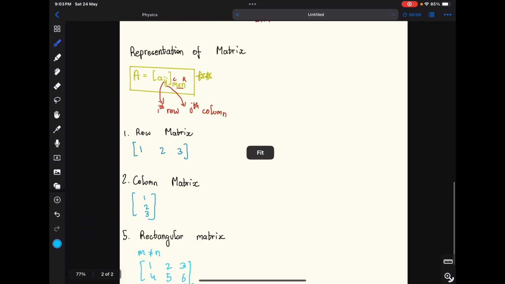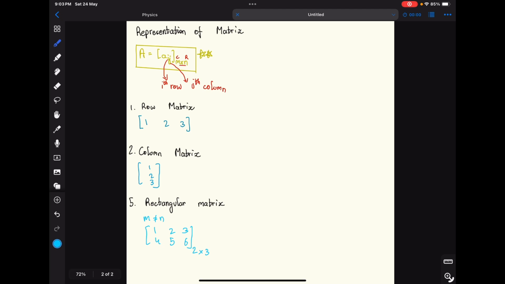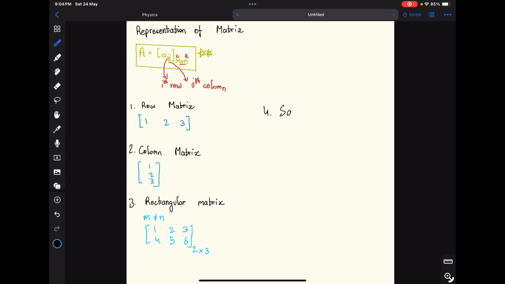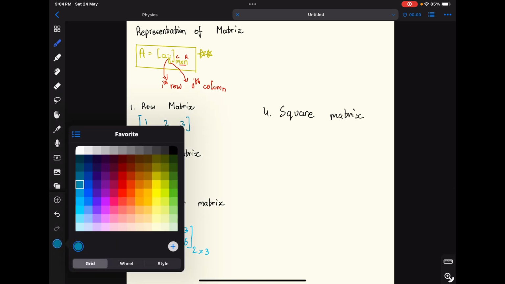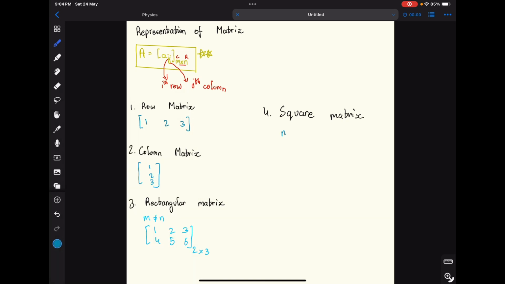Next comes number 4, the square matrix. Just opposite, since a row matrix is opposite to a column matrix, a rectangular matrix is just opposite to a square matrix. In a square matrix, m is equal to n. For example, 1, 2, 3, 4. We can write 2 cross 2, 2 rows and 2 columns.